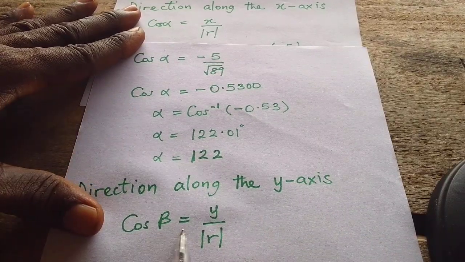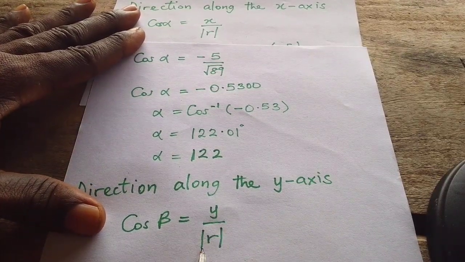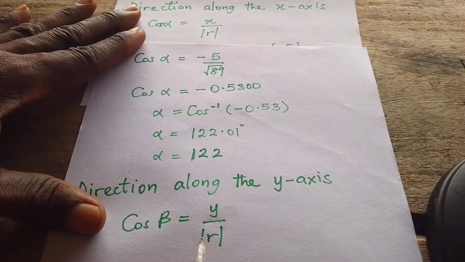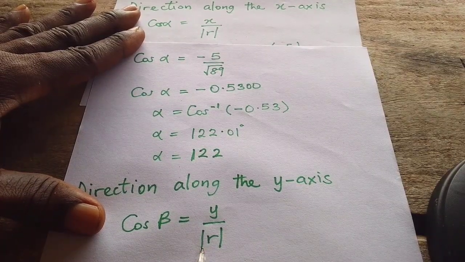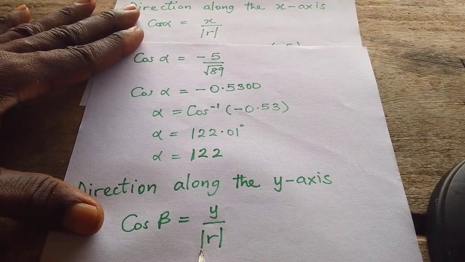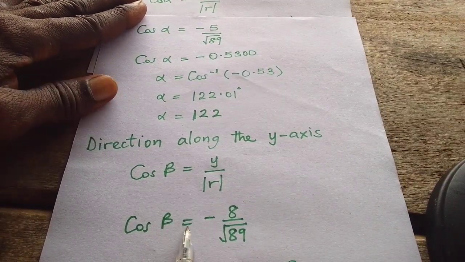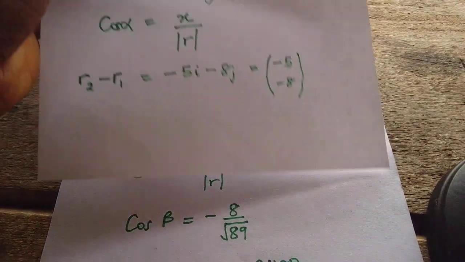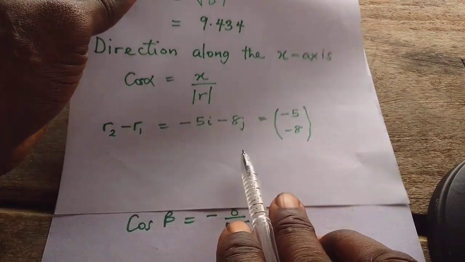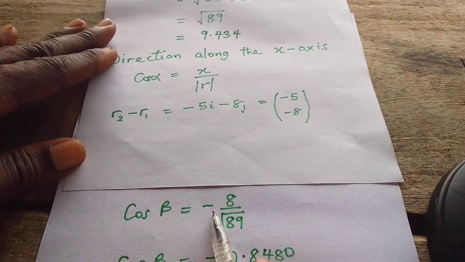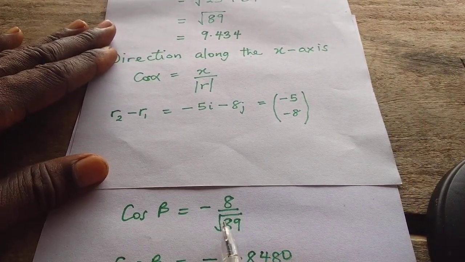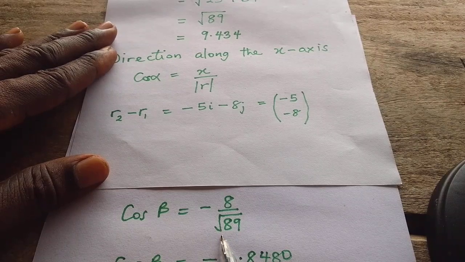Also let us look for the direction along the y-axis. So cos beta is the y component over the magnitude of the vector. The y component here is minus 8, over the magnitude of the vector, which is root 89.